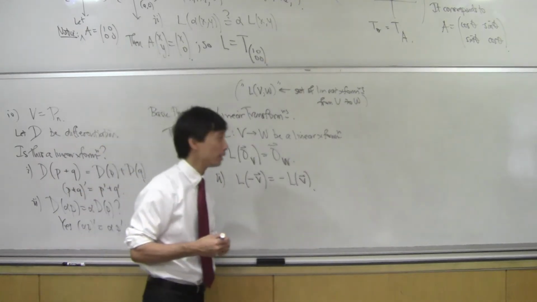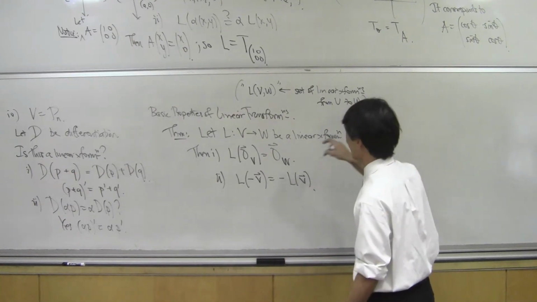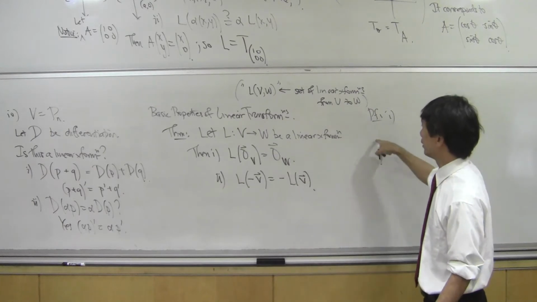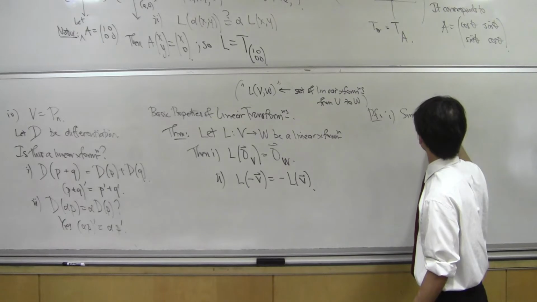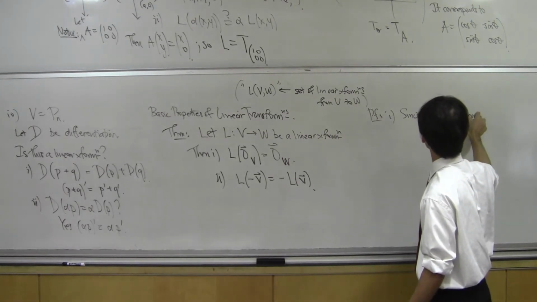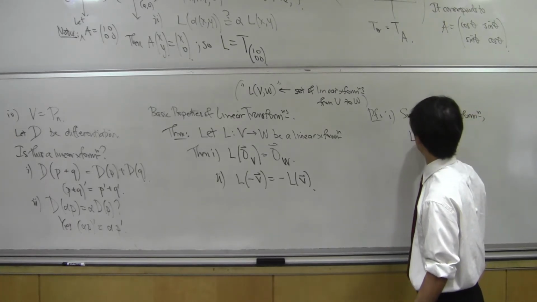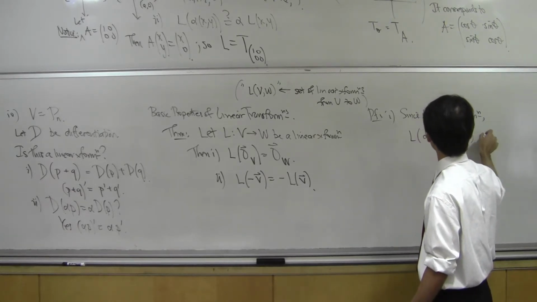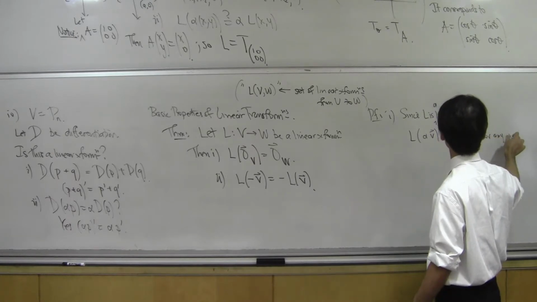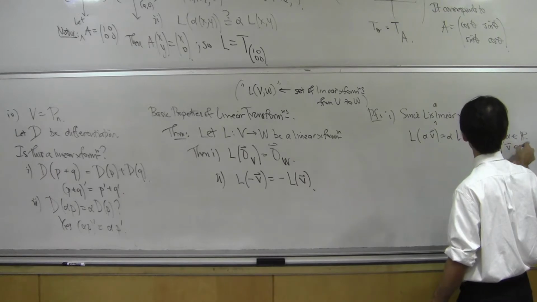Not the most exciting thing, so let's prove them quickly and get out. So the first one: since L is a linear transformation, we know that L of alpha v equals alpha times L of v for any alpha and any v.